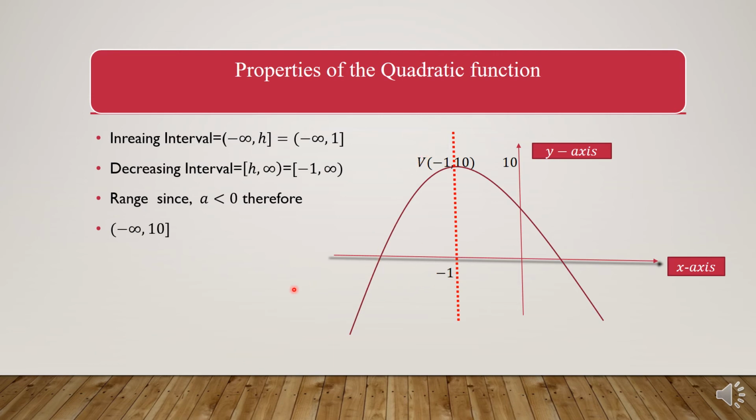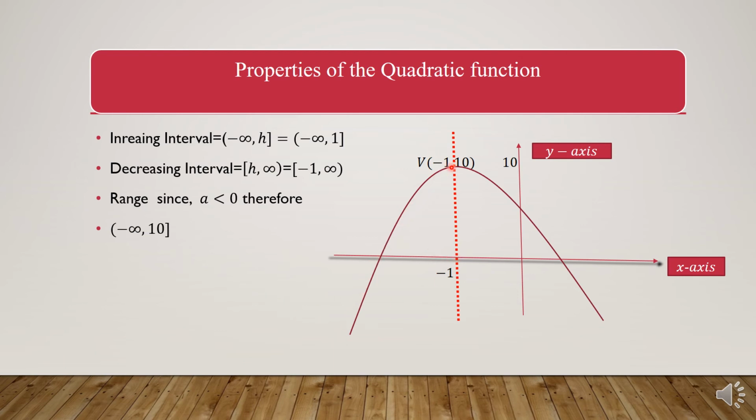From the graph, if we come from minus infinity, this left side is minus infinity, and once we reach minus 1, look, the function is increasing from minus infinity to minus 1.